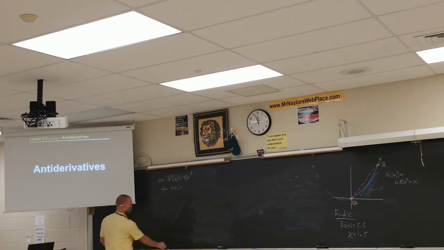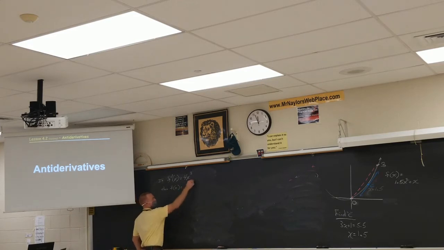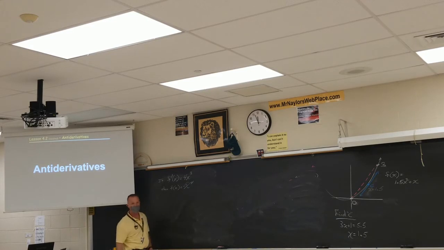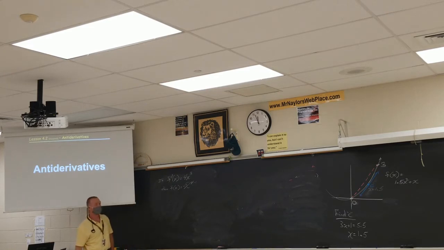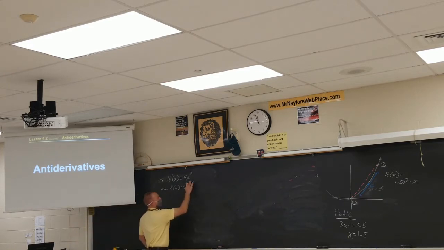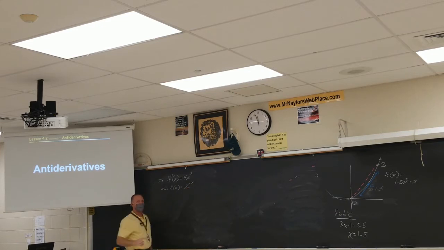It's x to the 4th. If you think about it, that 4 was destined to come down, and it was also destined to be subtracted. And of course, that's going to give us 4x cubed. X to the 4th is called the antiderivative. It's also the original function.